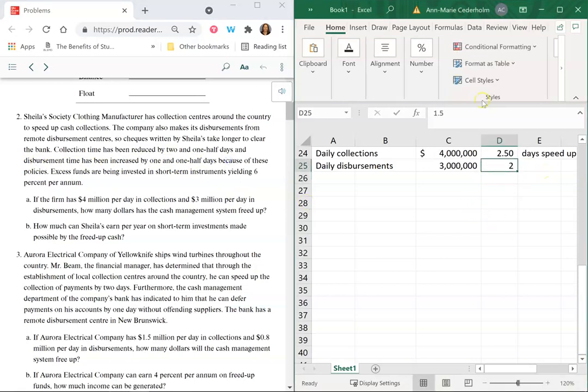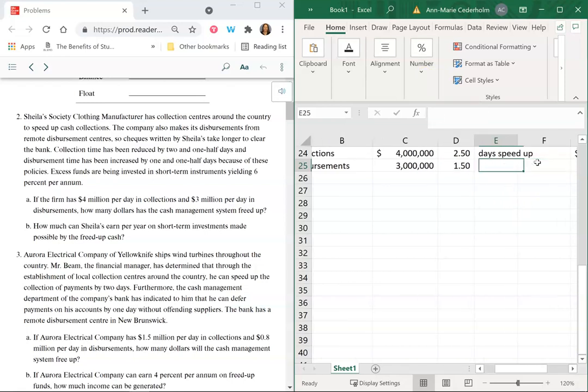So if we increase that disbursement time, then that's going to actually bring in more money. So I'll say days reduced and days increased. I'm just going to keep the same wording as the question, just so it's not confusing.